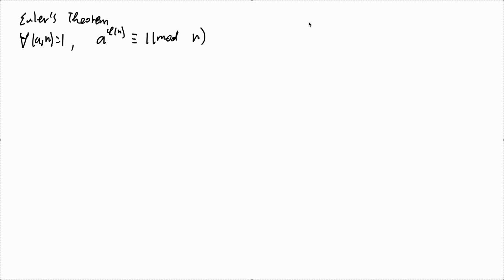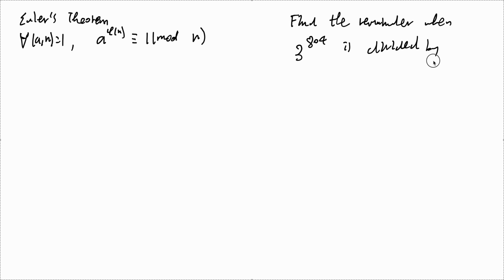Wait, let me think of a good example. Find the remainder when 3 to the power of 800 is divided by 17.